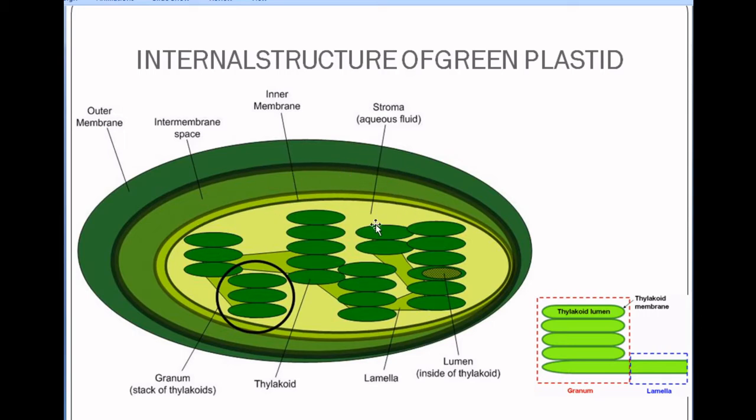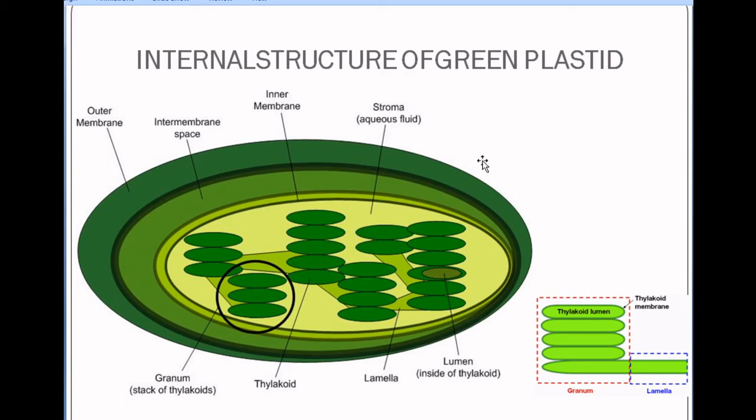This is the structure of chloroplast, which contains chlorophyll, a green color pigment which is responsible for the synthesis of food in plants by the process of photosynthesis. And other chromoplasts contain non-green pigments and are responsible for the characteristic color of fruits, vegetables and flowers.